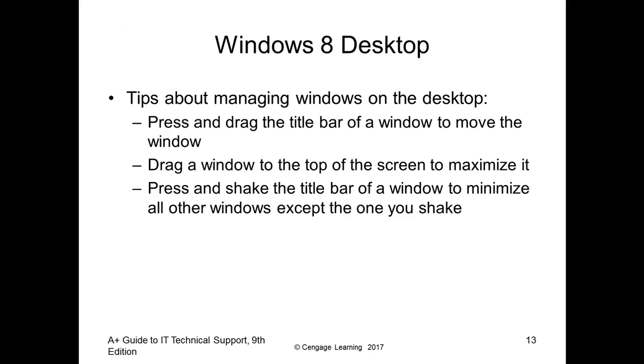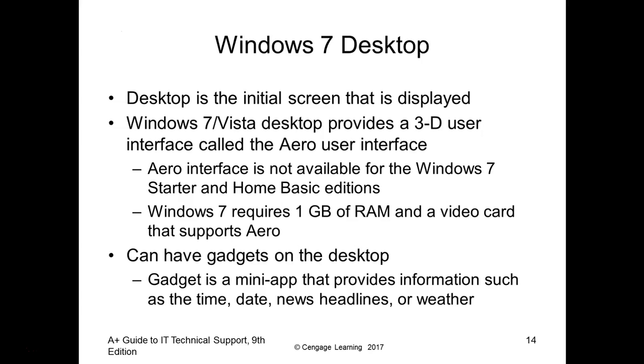If you drag it to the left or to the right of the screen, it'll split the windows, so you can actually put windows side by side. And then it also has shake, which will, if you grab the title bar and shake that window, minimize everything but the window itself. So all those are still present in Windows 7. I'm sorry, Windows 8.